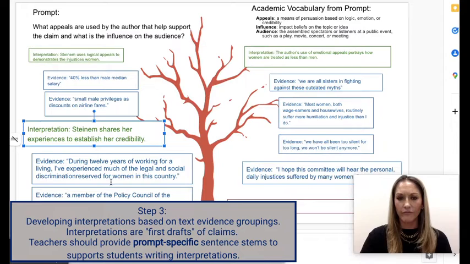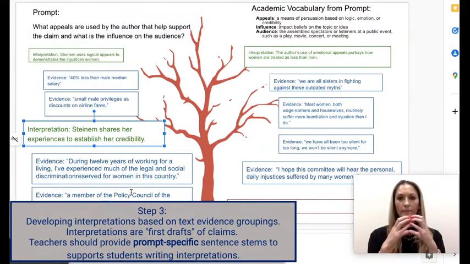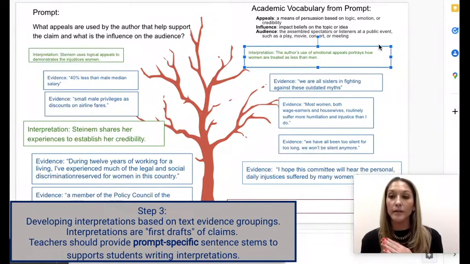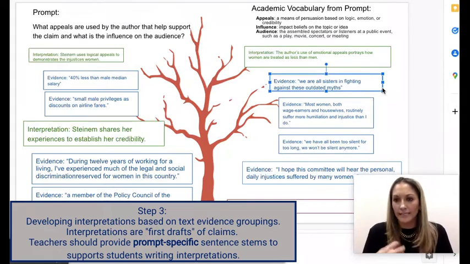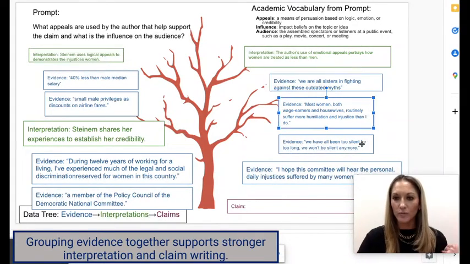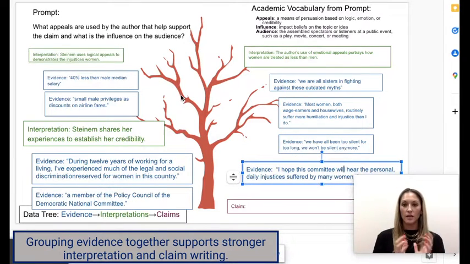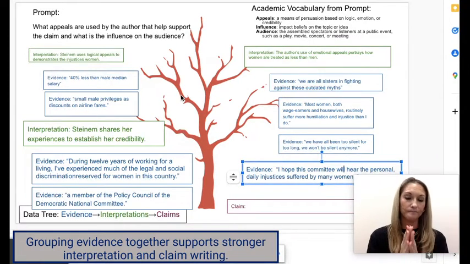All the evidence of her being a credible person, I lumped into this category. And then finally, our third interpretation: the author's use of emotional appeals portrays how women are treated as less than men. All of that evidence of women being treated less than men that I found from my original annotations, I've grouped together here so that I have all of my interpretations and their corresponding evidence categorized together.